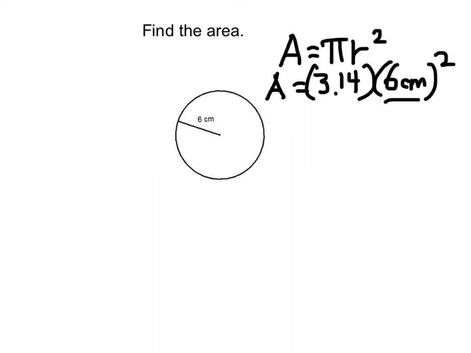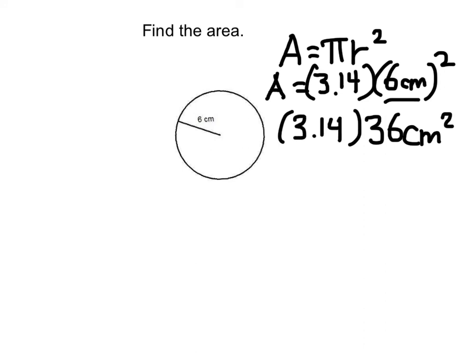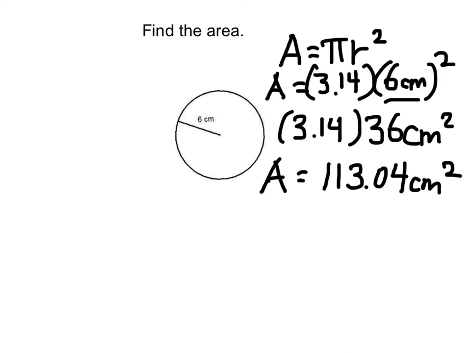Squaring the 6 first, we get 36 square centimeters, and that gets multiplied by pi. So 3.14 multiplied by 36. Our area comes out to be 113.04 square centimeters. Okay, so how'd you do on that?